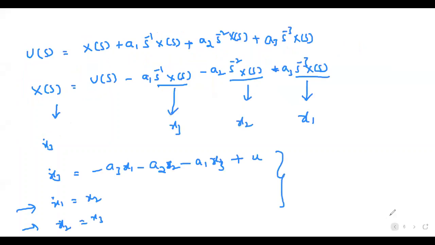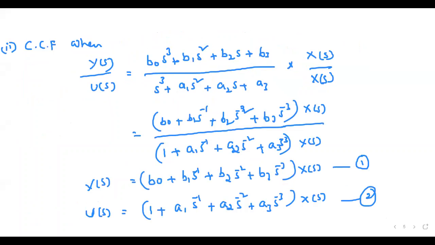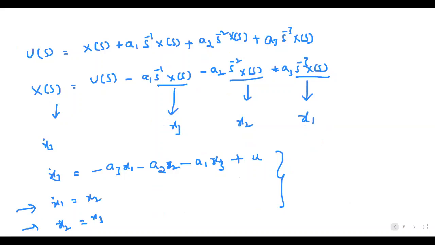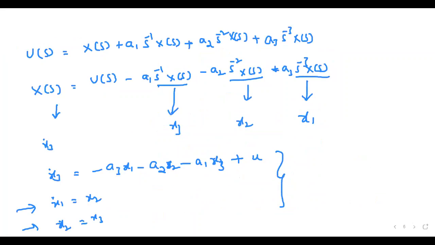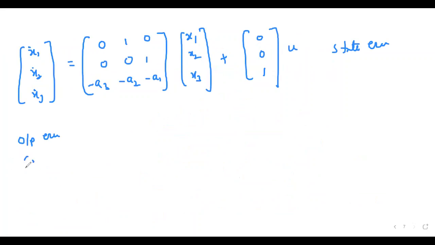Y of s from the first equation, we can write in a similar way. See this. You have noted down, Pallavi? First equation. Once again, we'll write the first equation: Y of s is equal to (b0 + b1 s^-1 + b2 s^-2 + b3 s^-3) into X of s.